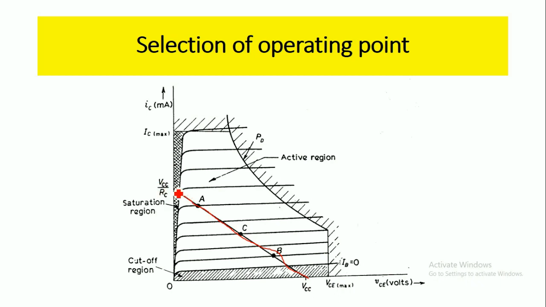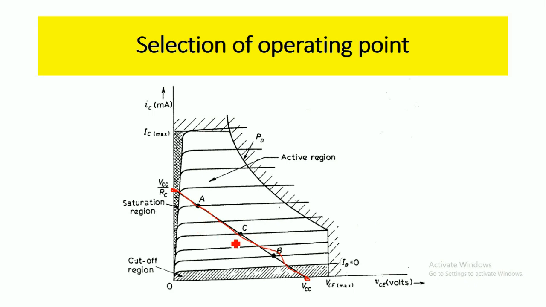If we join these two points by a straight line, we call it the DC load line. Here we have to decide where to fix the Q point. That is, a certain DC collector current and a certain DC collector voltage will decide the operating point.